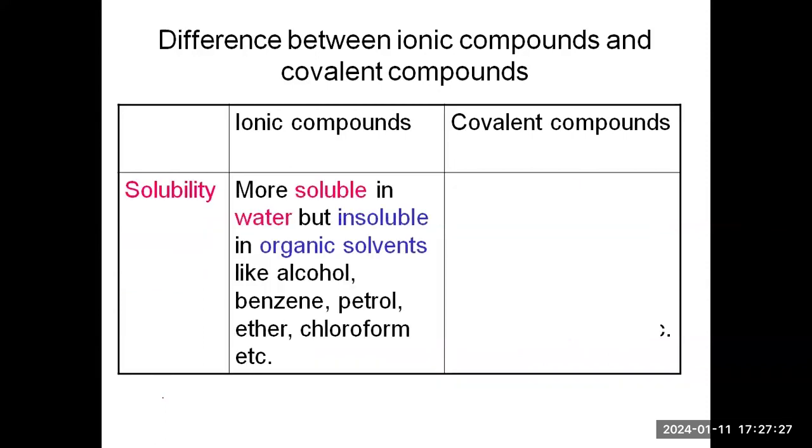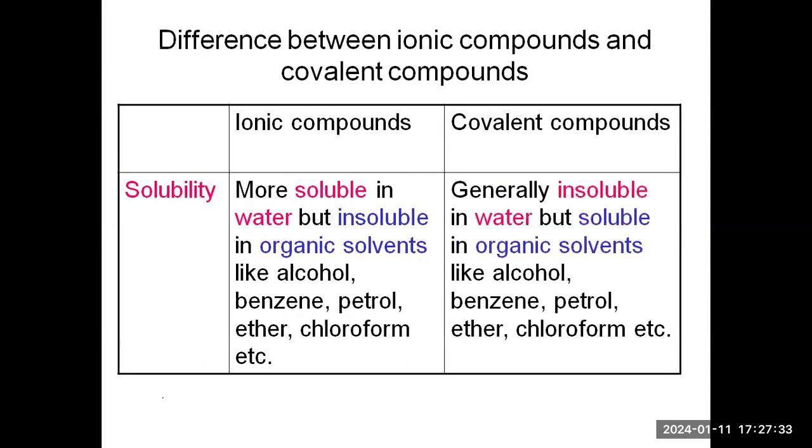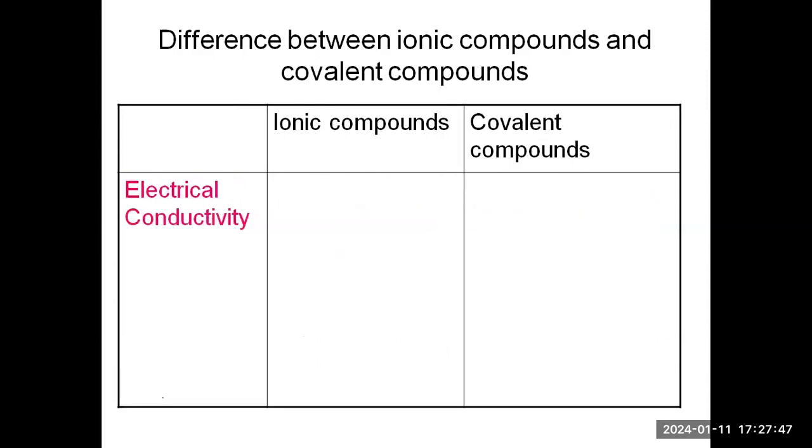Solubility: ionic compounds are soluble in water because water is a polar solvent. And covalent compounds are insoluble in water, but they dissolve in organic solvents. The examples are there in front of you: alcohol, benzene, petrol, ether, chloroform. These are the organic solvents.